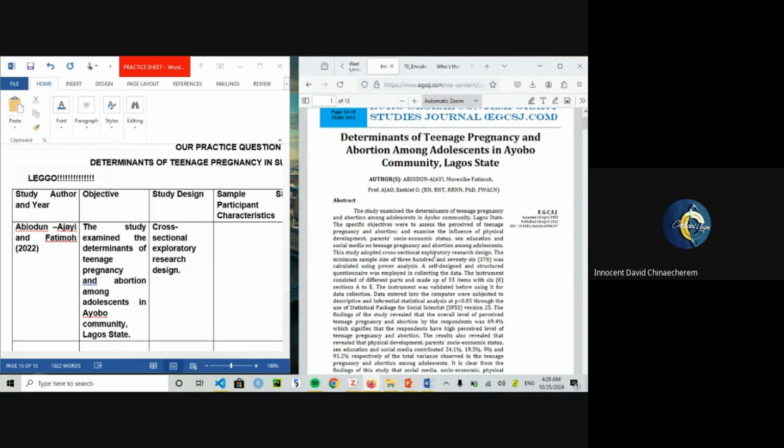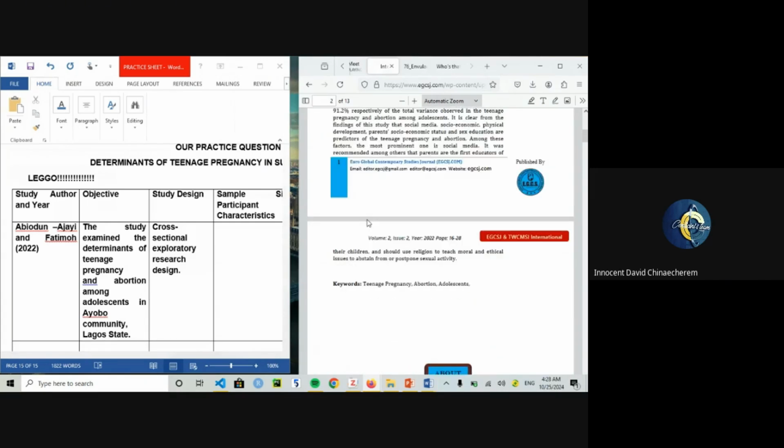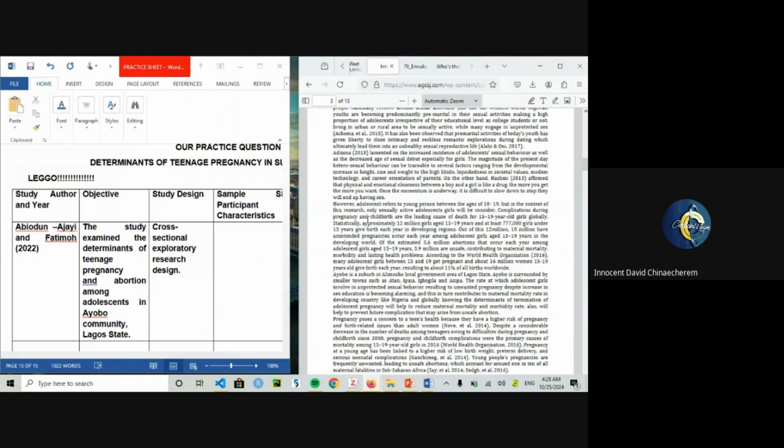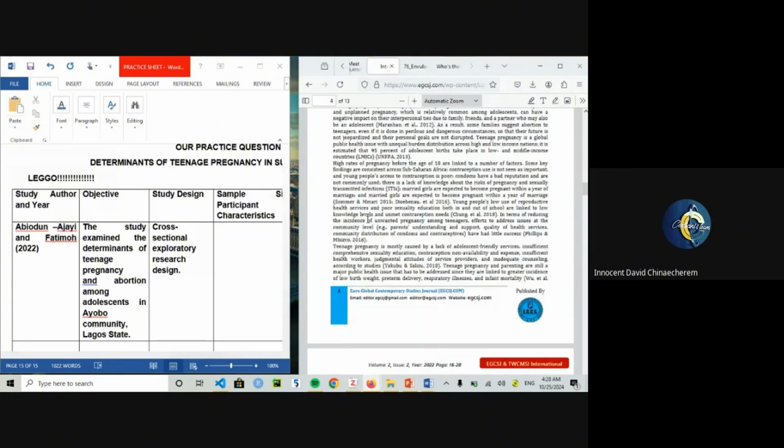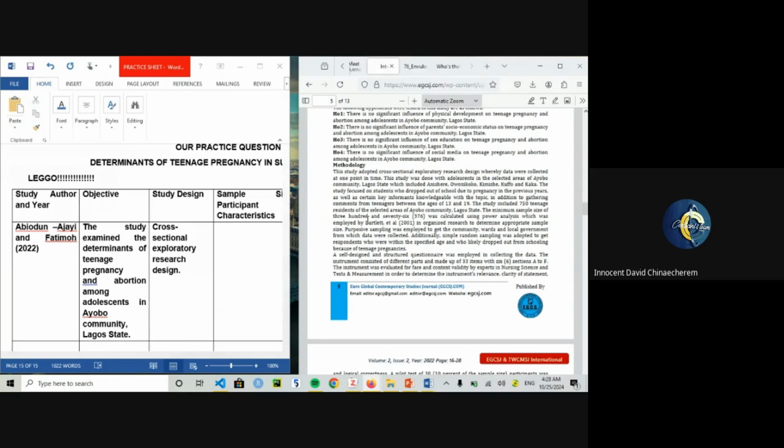Now, the next thing we need to know is, remember, you need to read the full text to get more details about the paper, because most times you might need to look at the entire methodology of the paper so that you can get all the information that you really need. Now looking at the sample size and characteristics, let's look at the full text.